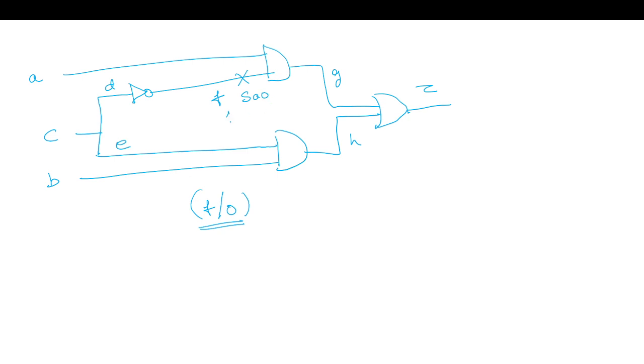So we want a fault free 1 and a 0, so it's a D. Now in the D frontier, we will have a path which is G to G4. Now we have to apply a non-controlling value here, and in the J frontier, we will have this G1 at present.